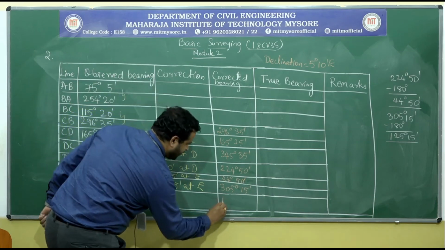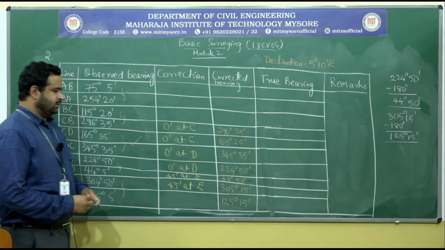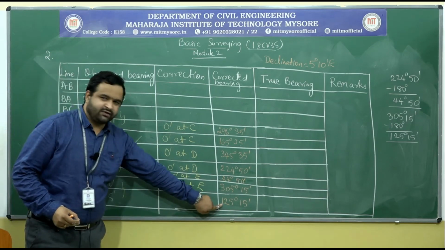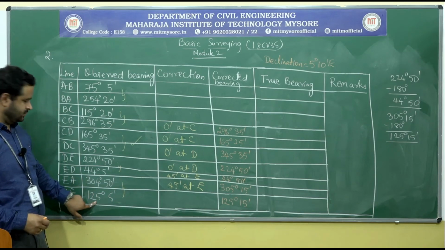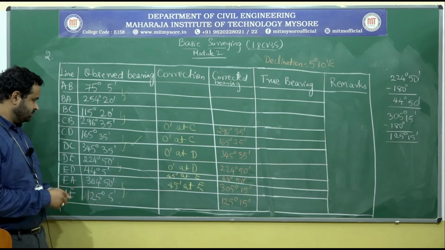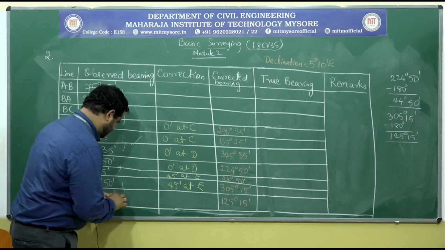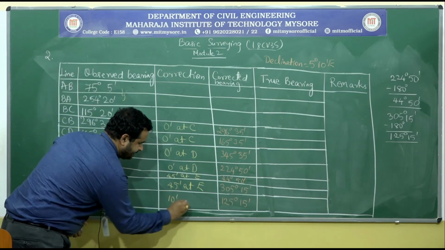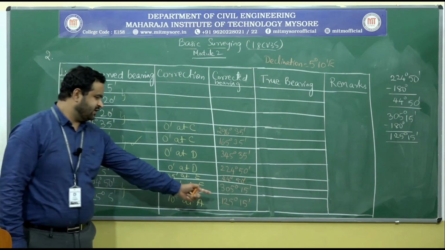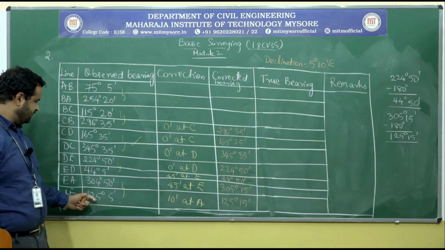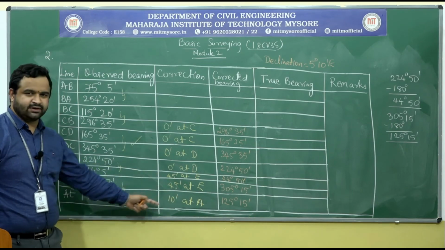Now 125 degrees 15 minutes minus the observed bearing AE, 125 degrees 5 minutes, will give you the correction. The difference between these two will be 10 minutes at A.